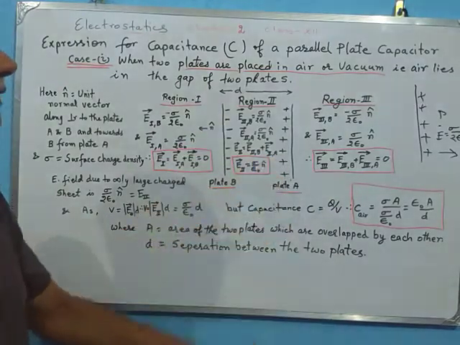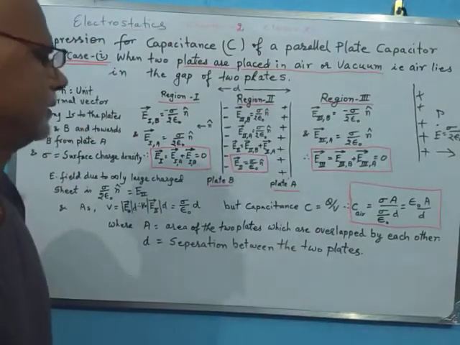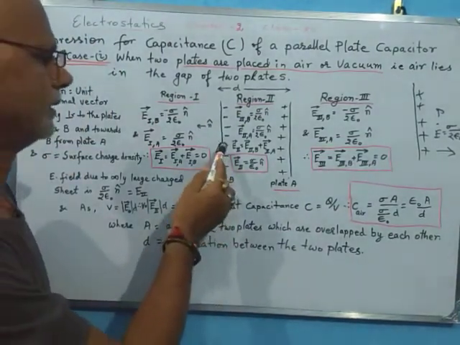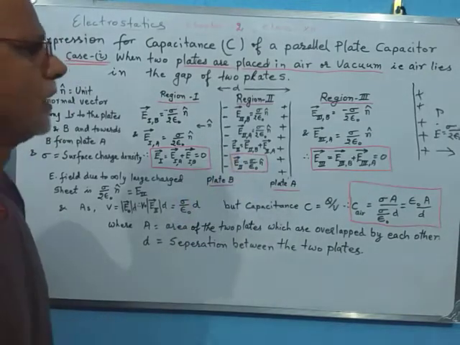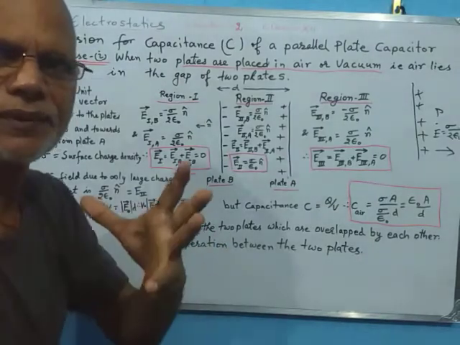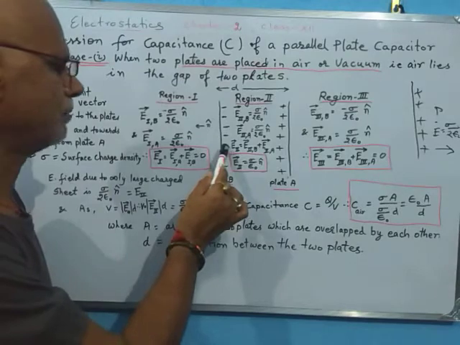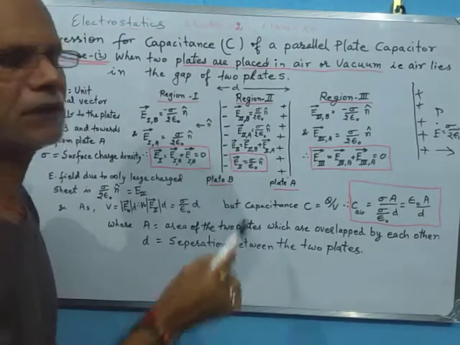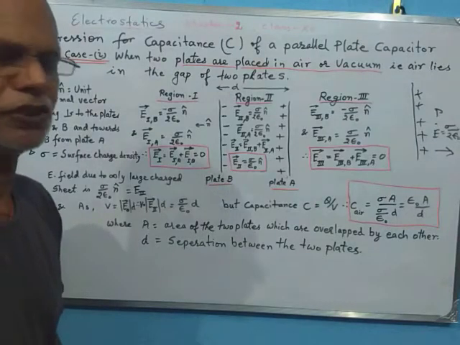So in this case we consider that if the two plates are quite large, and we consider a point very close to these plates, this sheet may act like an infinitely large sheet because the distance from the sheet is very small as compared to the size of the sheet.